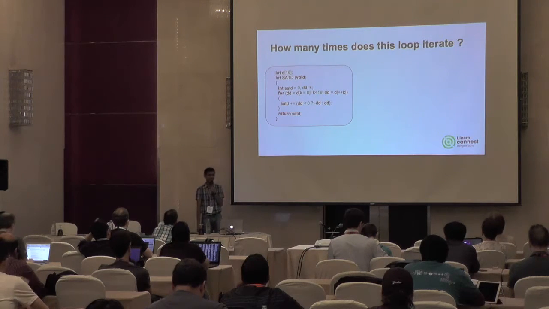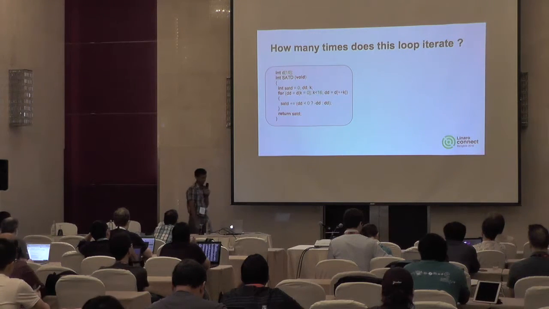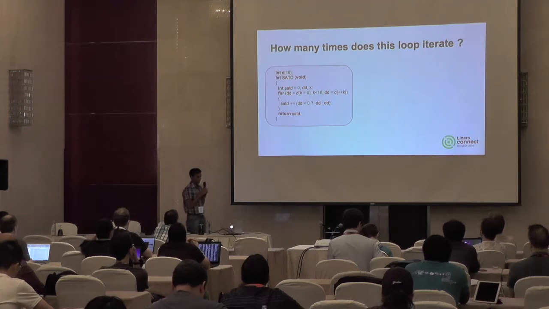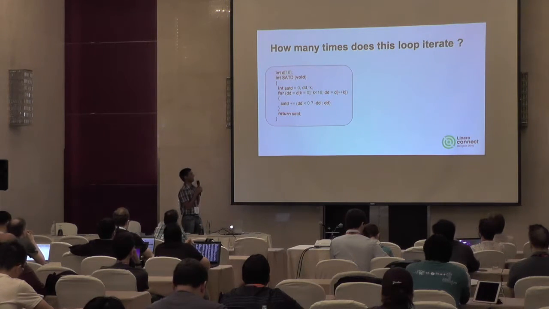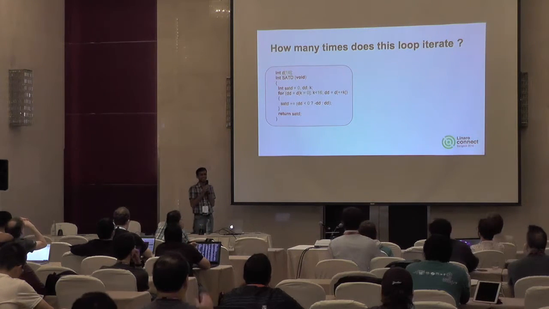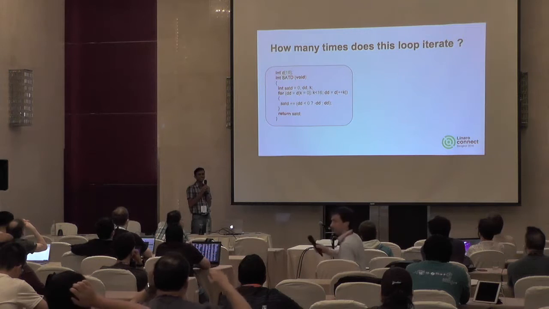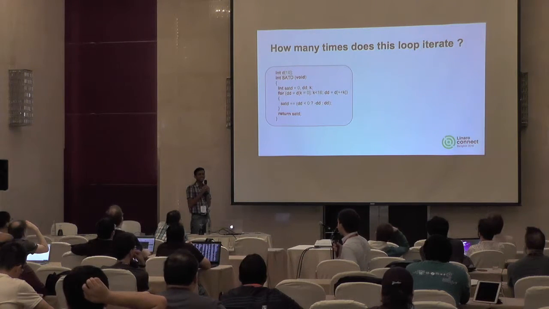Okay, let's start off with an example. How many times do you think this loop in this piece of code would iterate? Anyone want to make a guess? And we have candies for the right answers.